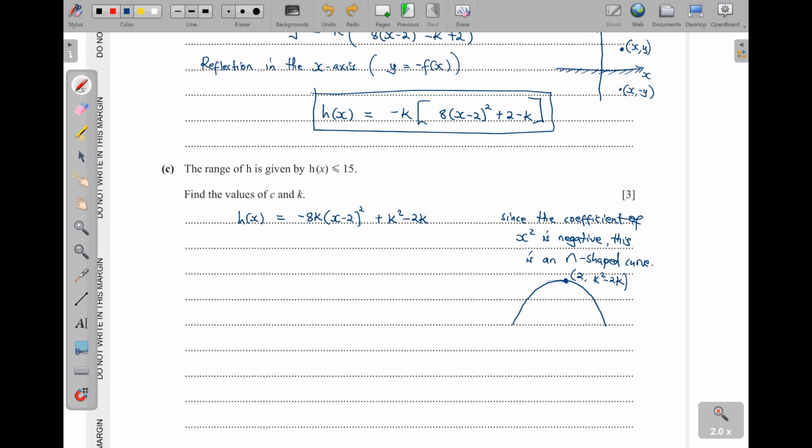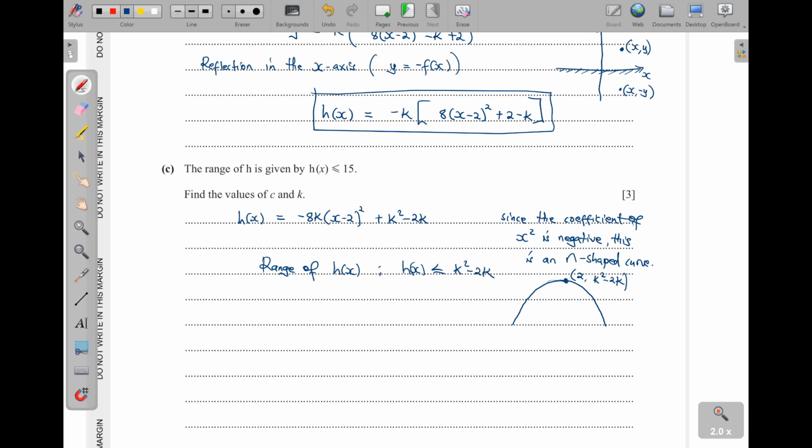Now, that means the range of this h of x is actually h of x less than or equal to, because the rest are less than or equal to this one, so less than or equal to k squared minus 2k.